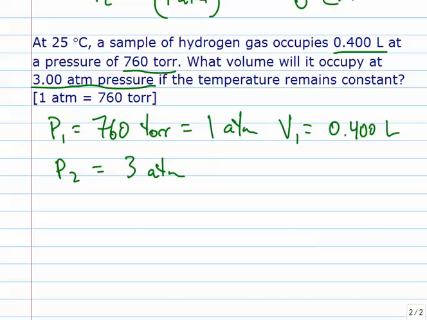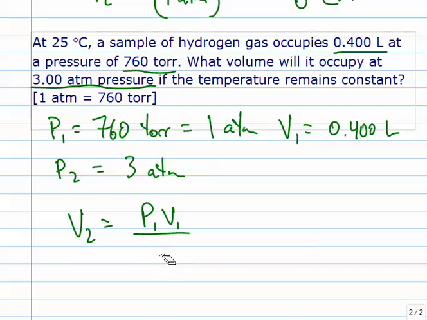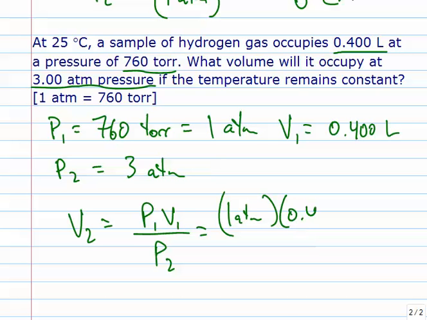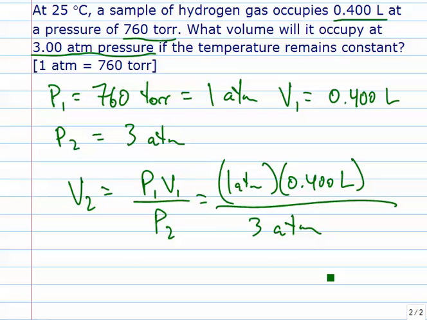Instead of having the volume expand as it goes to a lower pressure, we're compressing this gas under a higher pressure. So we solve for V2 equals P1 V1 over P2, which is equal to 1 atmosphere times 0.400 liters divided by 3 atmospheres. Our volume is going to decrease by a third.